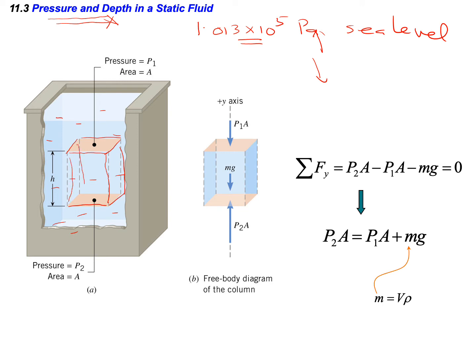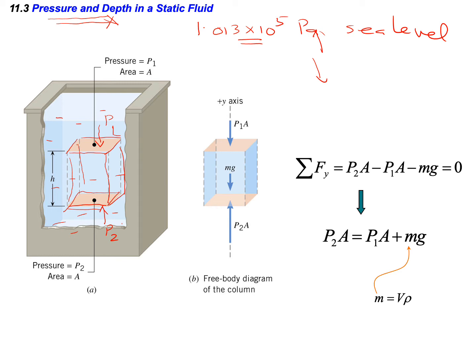The top side area of the cube is A and the bottom side area is also A, because they are opposite sides of the same cube. Pressure on the top side we can assume is P1, and the pressure on the bottom side we can assume is P2. We're going to derive an equation for the pressure difference between top and bottom in terms of the known quantities.